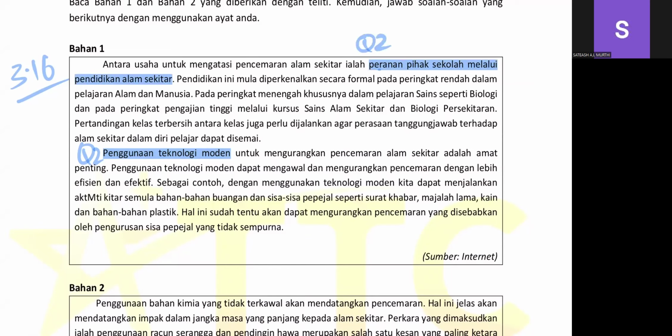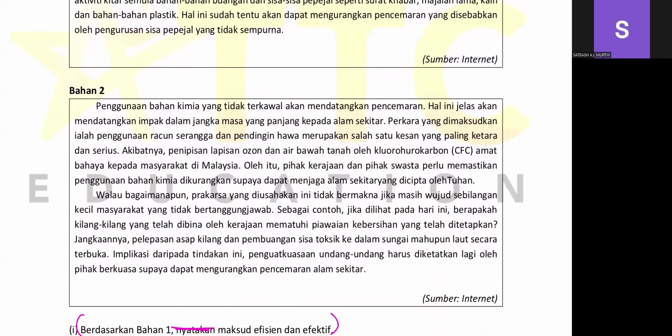You cannot put huraian. They just want the isi saja. How can they do this? Okay, bahan 2. What else can we do to reduce pencemaran alam sekitar?